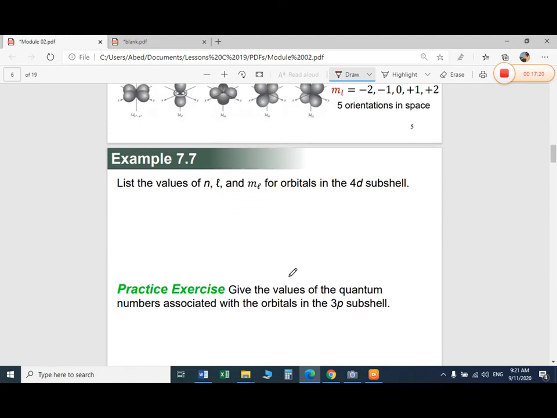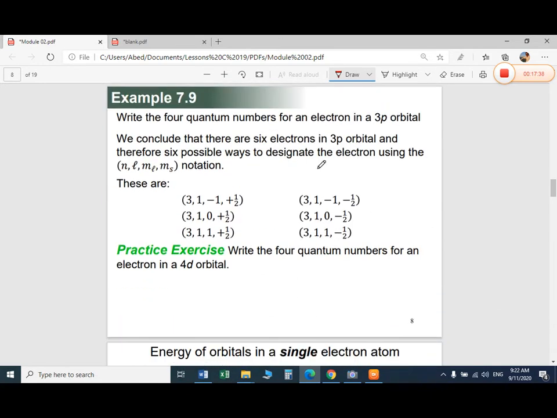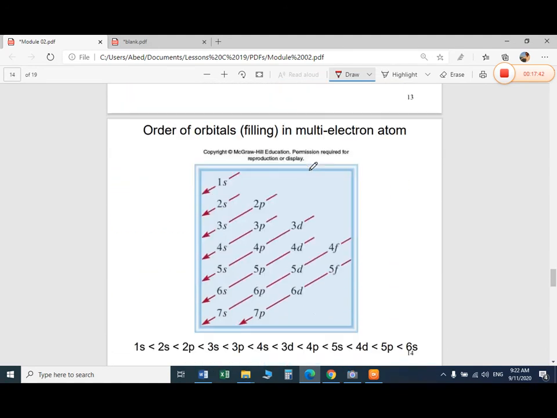Now let us come to the exercise. This exercise says list the value of n, L and ml, the three quantum numbers, for the orbital 4D. It is very easy if you remember the things. Let me show you one more piece of information here to make it more clear. This diagram is actually here at the end.